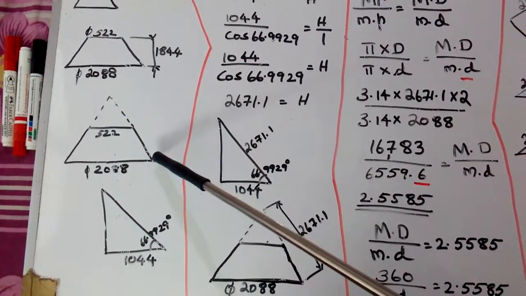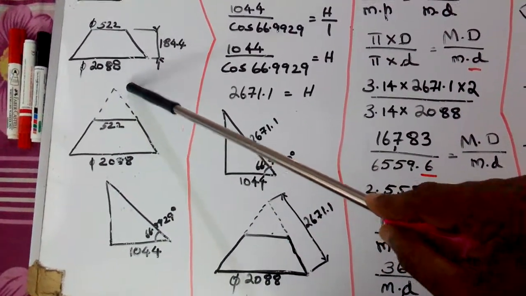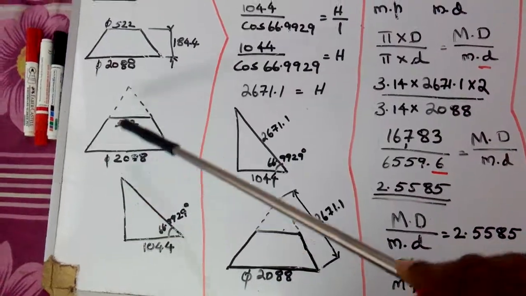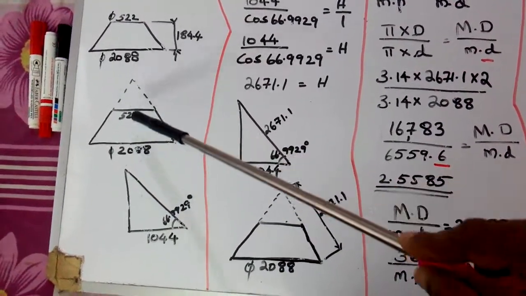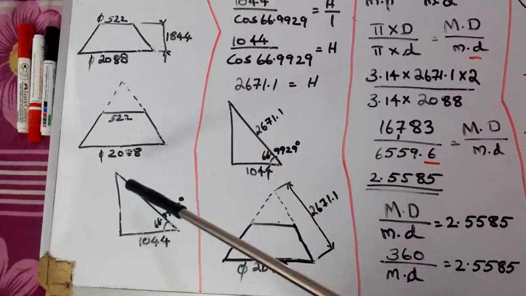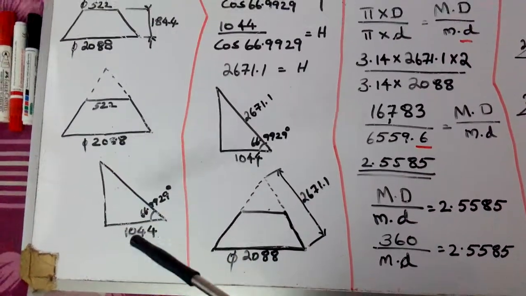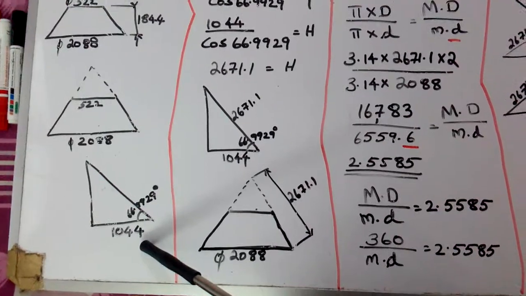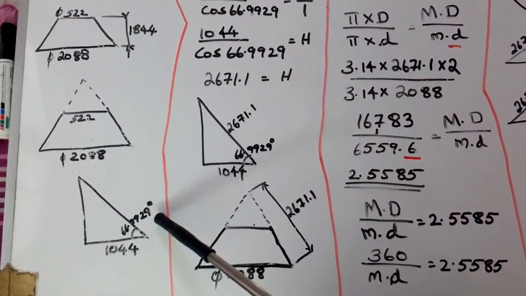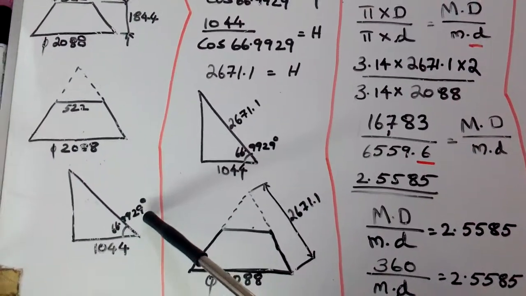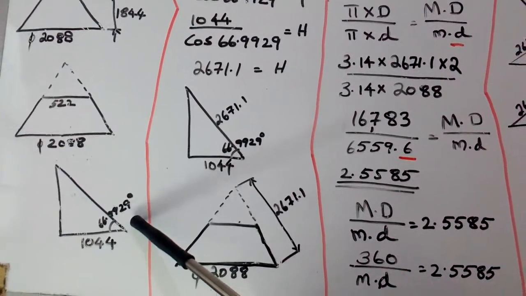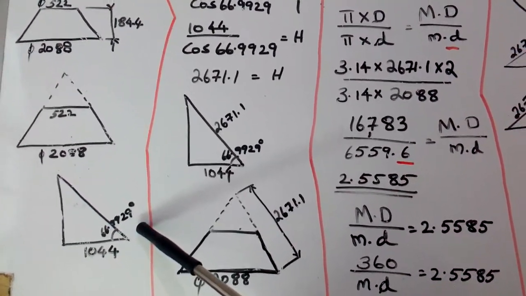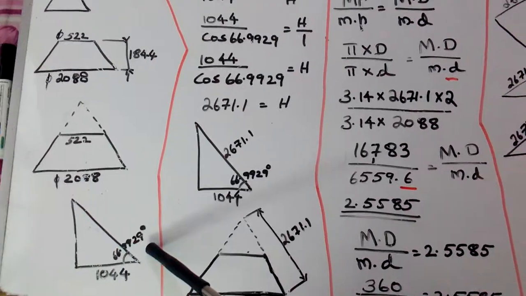Afterwards, we made one line from here to here, that is this line. These three lines we joined together and made a triangle. We calculated this 1044 in the last episode, so I won't describe it. We also found out this angle, 66.9929. I described that last episode too.